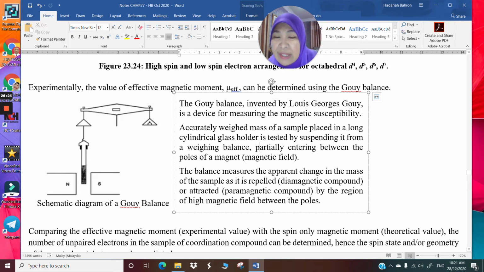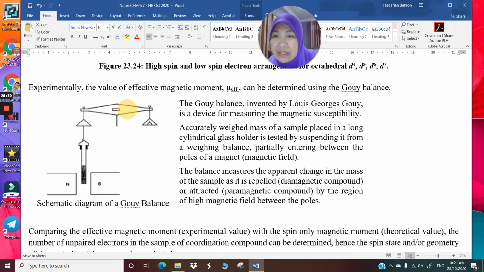But a diamagnetic compound will be repelled by this applied magnetic field. So this tube will be slightly lifted, repelled out from the magnetic field, and the measured weight of that sample will become less than what it should be, and that will tell you that it is a diamagnetic compound.